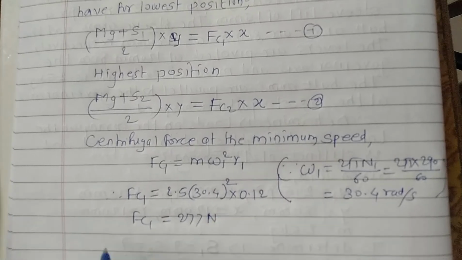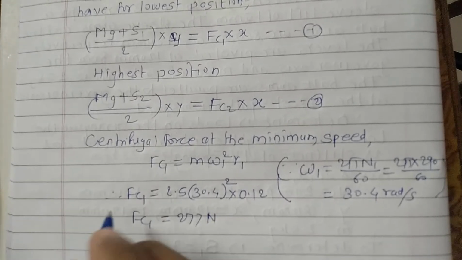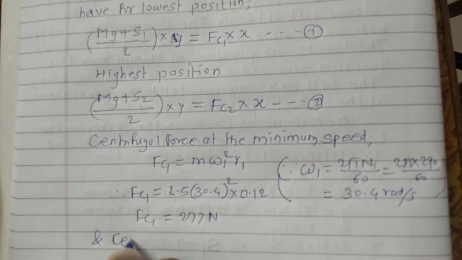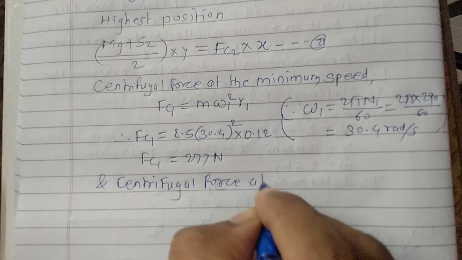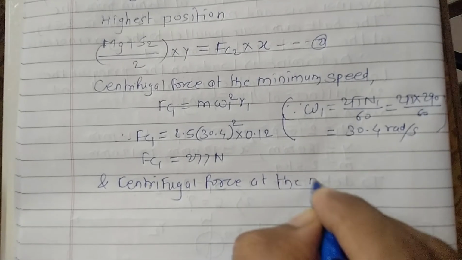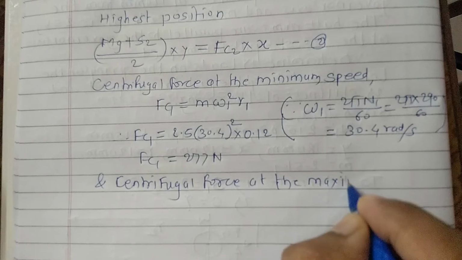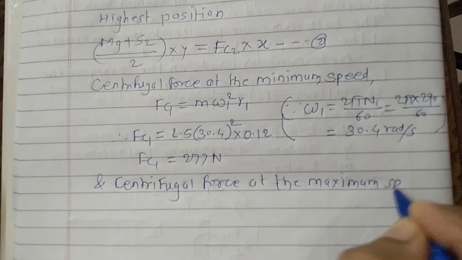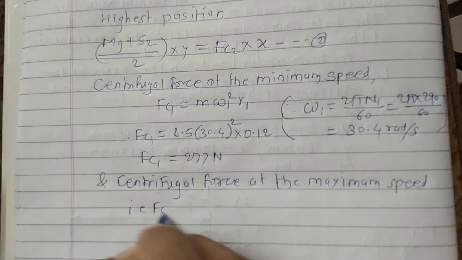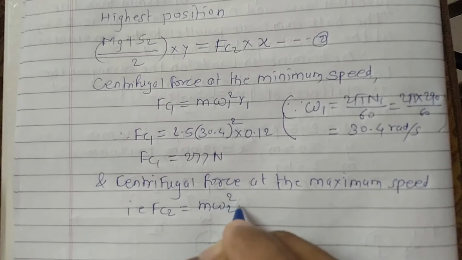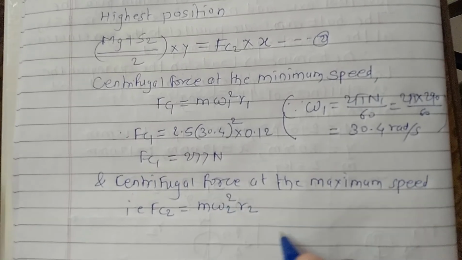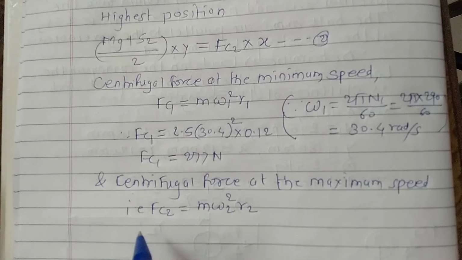Similarly, get the value of Fc2, the centrifugal force at the maximum speed, that is Fc2 equals m omega2 square into R2. What about R2?